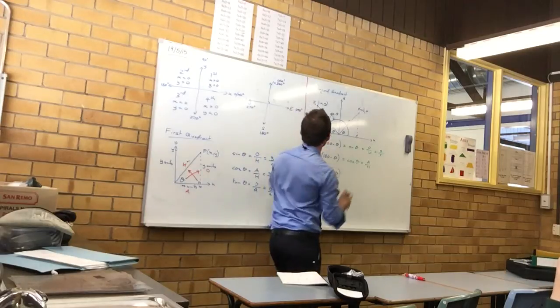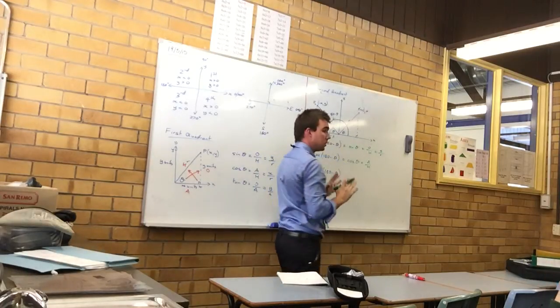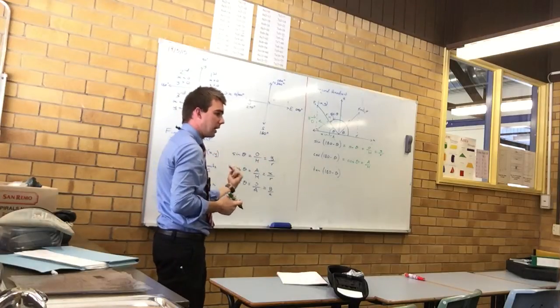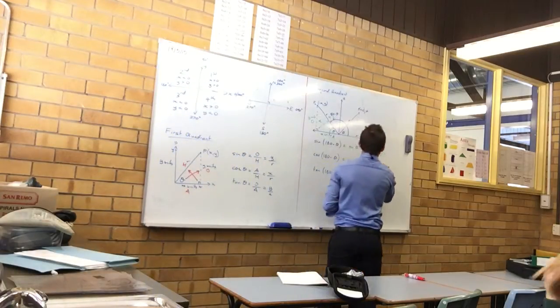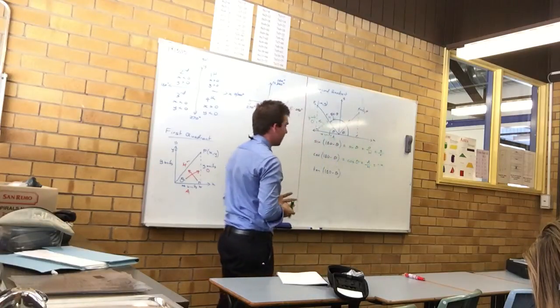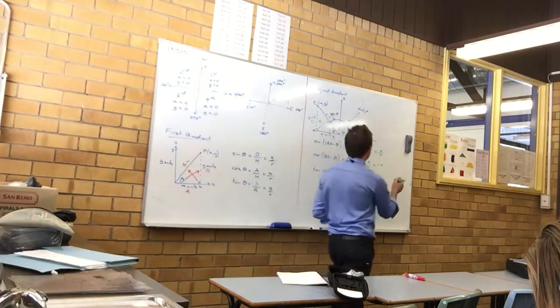Now the adjacent down here is the distance of x units, but because of the position, it's in the negative direction. So instead of writing x, we're going to write negative x. We're talking about displacement.